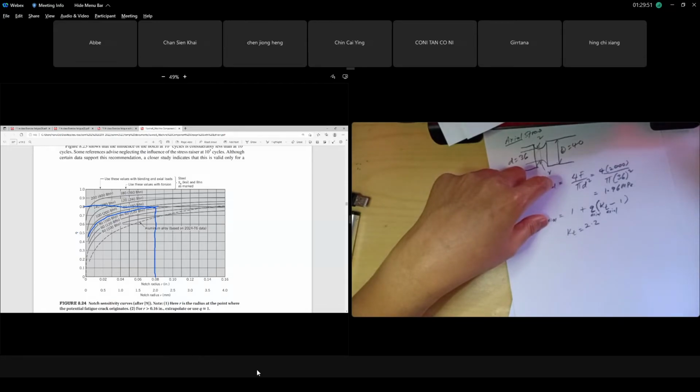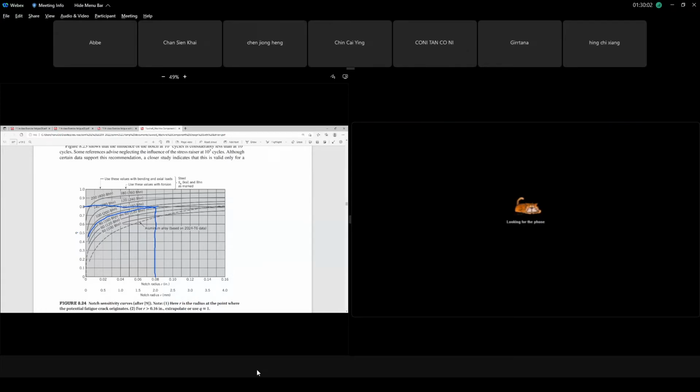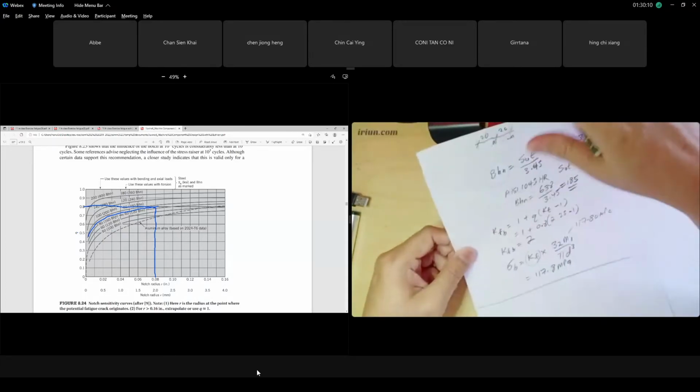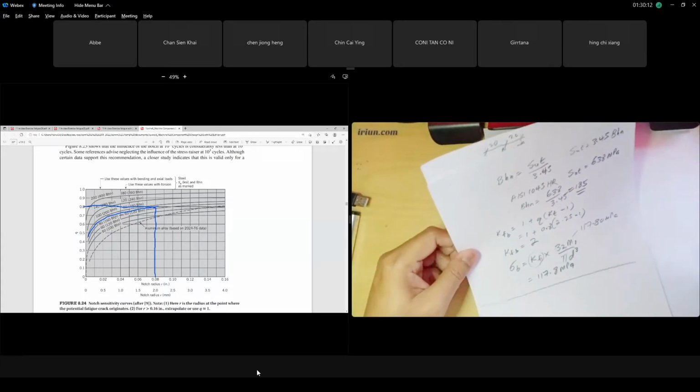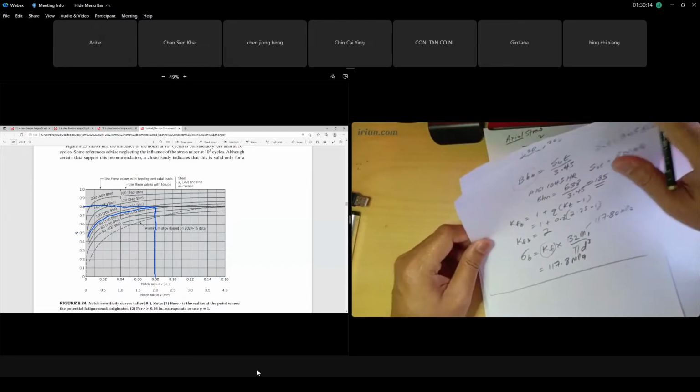We use the same. Pasal this one use this zone of scale for bending and axial. So we intersect dengan our BHN tadi. Berapa tadi BHN? Berapa BHN tadi kita calculate? 3.45 tadi. So our Q tadi is 0.8. This one for bending, kan. Class, can you hear me class?